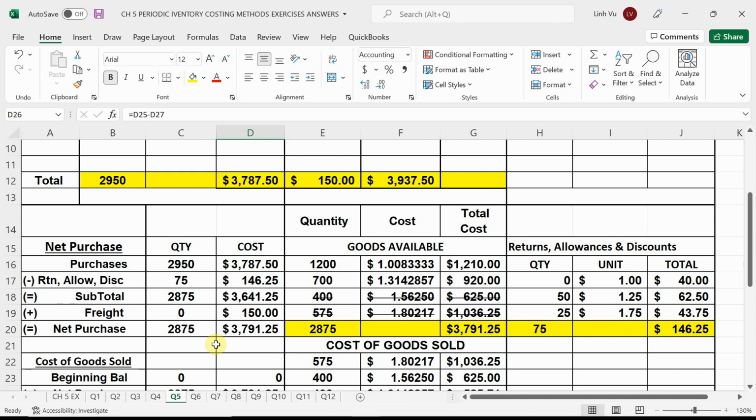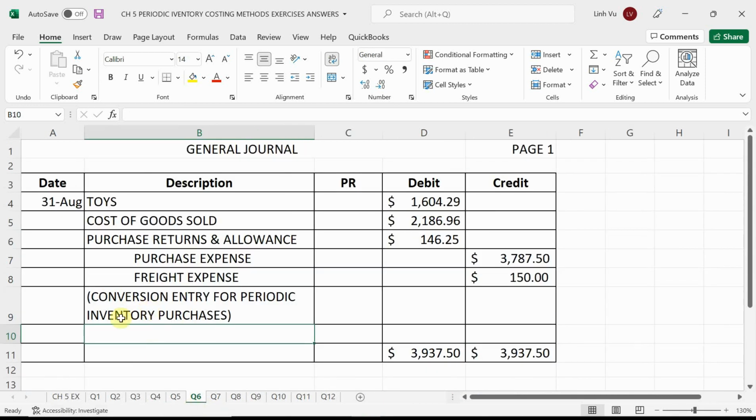So in this case, there's no beginning inventory, so there's no need for the extra inventory at the end of the journal. You can put it in there, but what's the purpose of putting a zero balance in there when it does nothing to the journal?